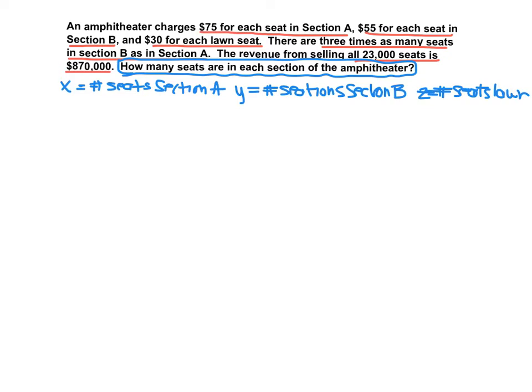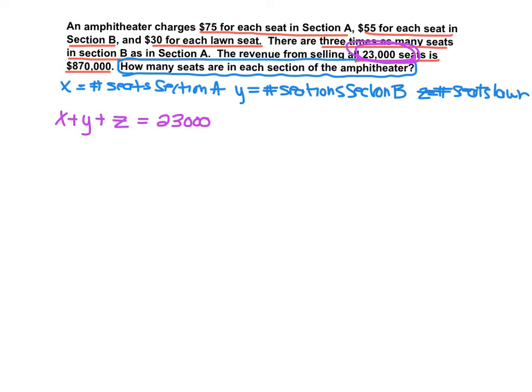Here I have 23,000 total seats, and because X, Y, and Z represent the number of seats in each section, we're going to have X plus Y plus Z. So the 3 different types of seats all added together are equal to 23,000 total seats. So that's the first thing I can write an equation for.